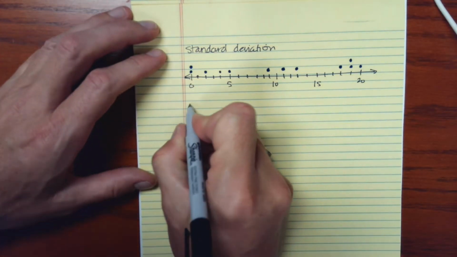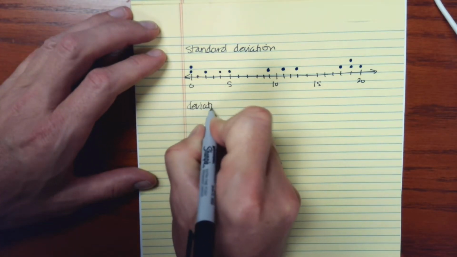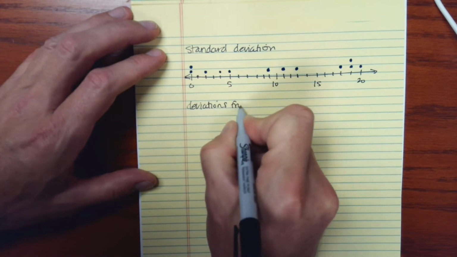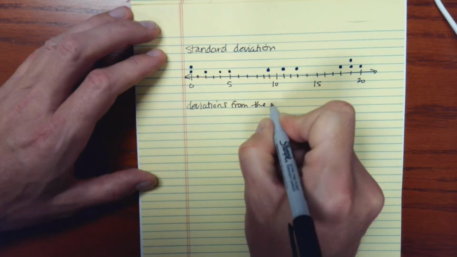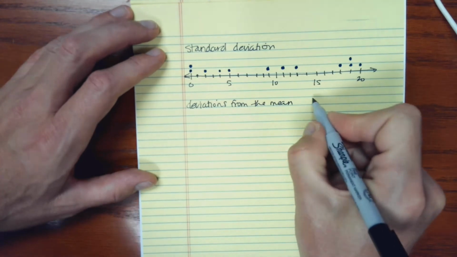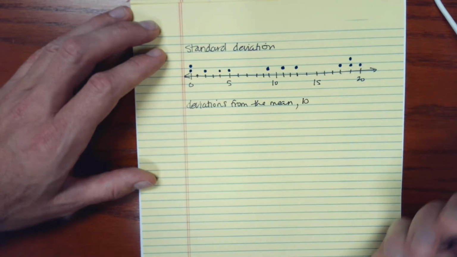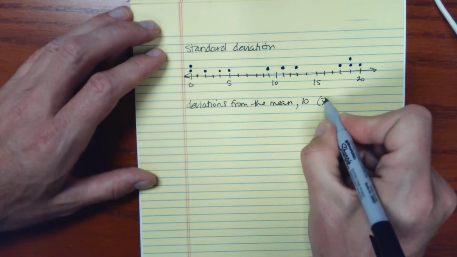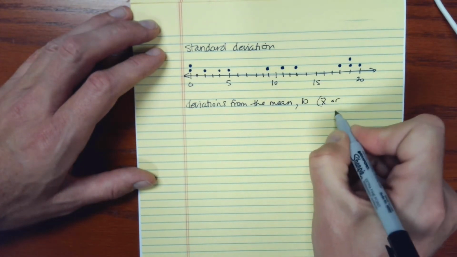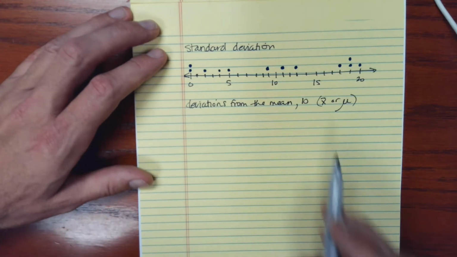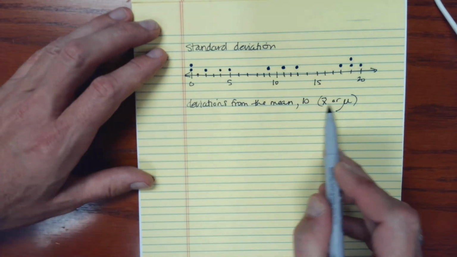So the first thing I want to do is look at the deviations from the mean. Now in this case the mean was 10, and that could be either the sample mean or the population mean. Remember, the calculations and results are going to be the same.